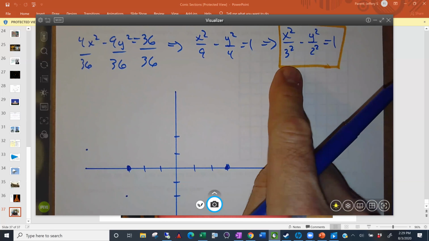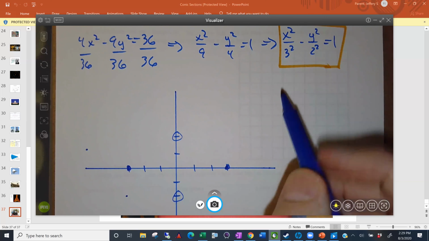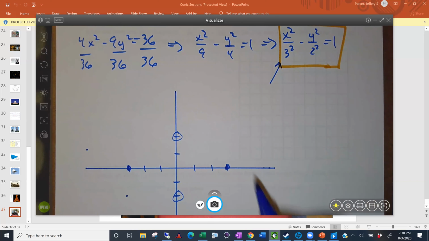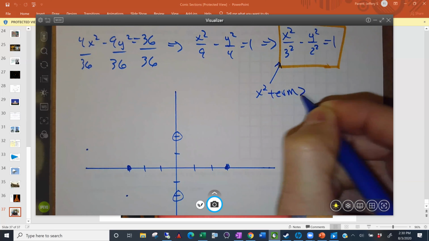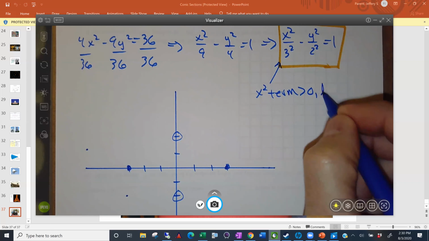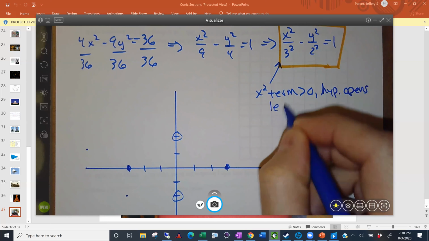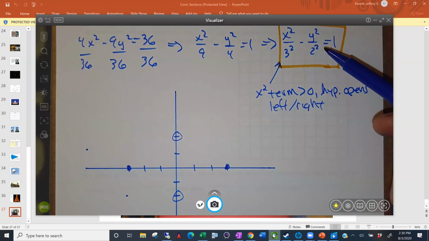There's a difference here. Maybe you put a little hollow dot. Because the x squared term is greater than 0, the hyperbola opens left and right. If the y squared term was the positive one, because if I didn't have that negative here, then it would open up and down.